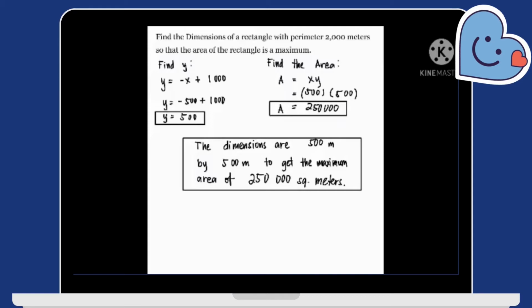Find the area. A equals xy. The value of x is 500 and the value of y is also 500. We will multiply the two. 500 times 500.